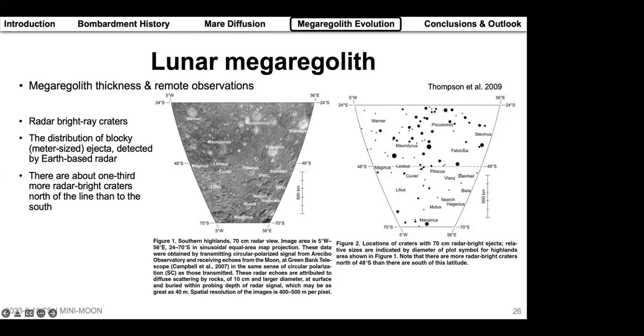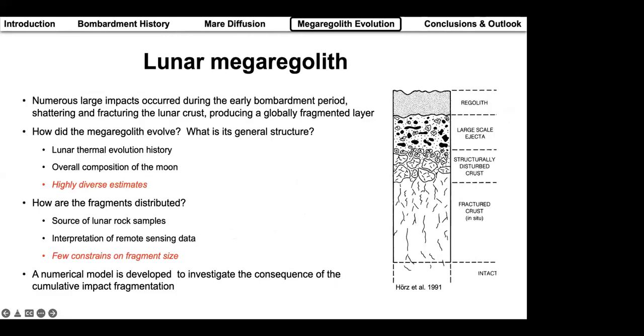So why does it look like that? Where does this significant difference come from? We need to understand how the megaregolith evolved and how the megaregolith fragment size is distributed.